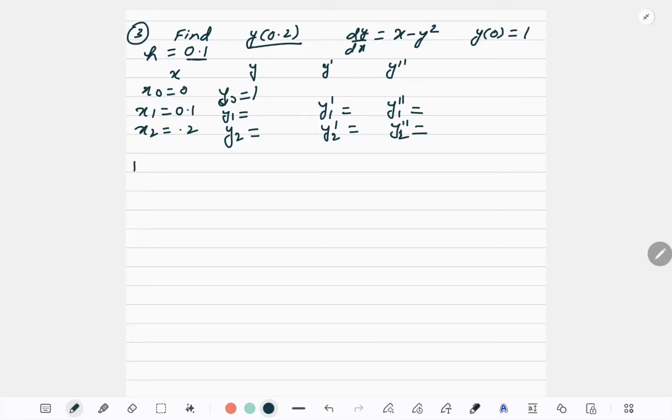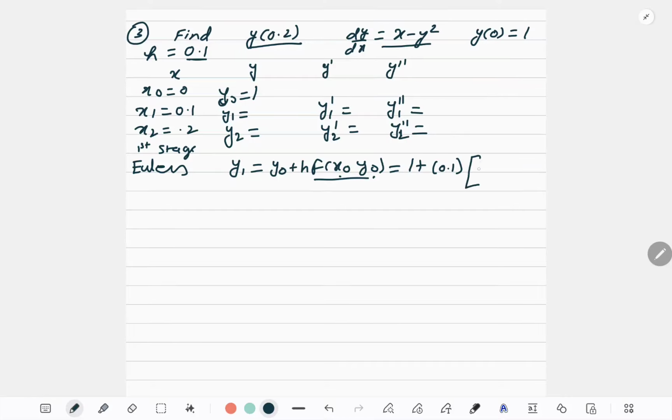So I'll start here. First I'll apply the Euler's formula. First stage. So Euler's formula is y1 is equal to y0 plus h f of x0 y0. So what is y0? y0 is 1 plus h. What is h? 0.1. Then value of function at x0 y0. What is the function? x minus y square. So x0 is 0.